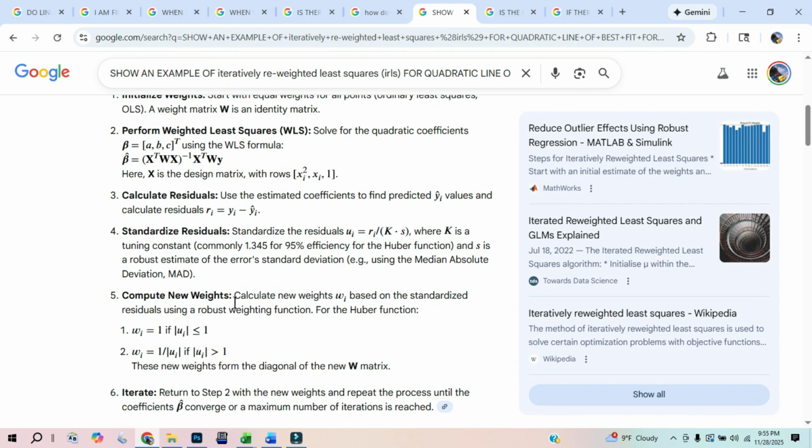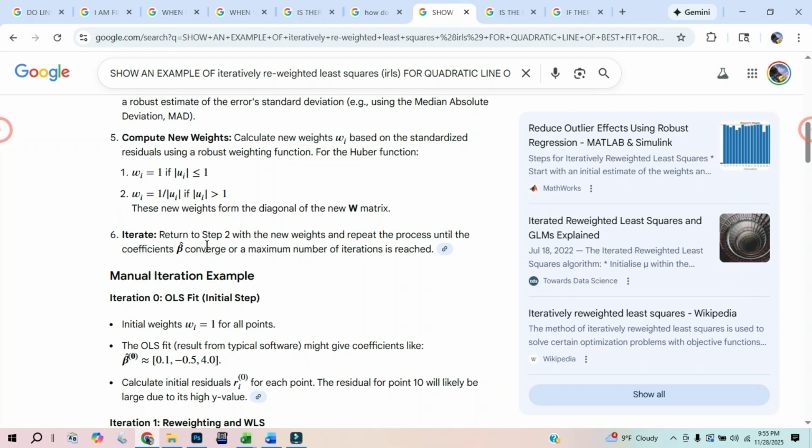I don't think so, because if your W is 1, then you're just left with the same equation where this is your identity. So only if this is greater than 1, and they're calling this the standardized residuals. Standardize the residuals. And if that is greater than 1, then you for sure are going to change that equation.